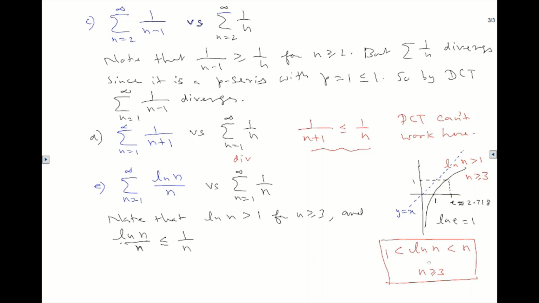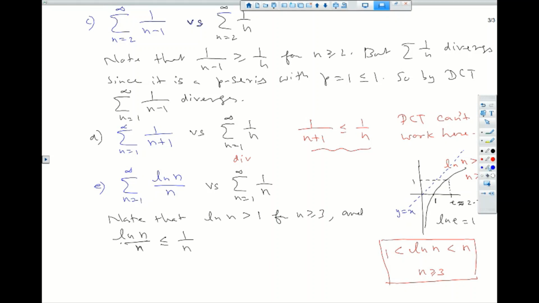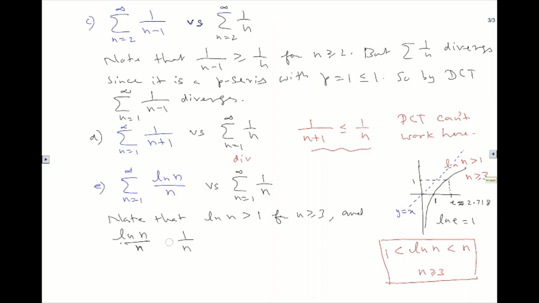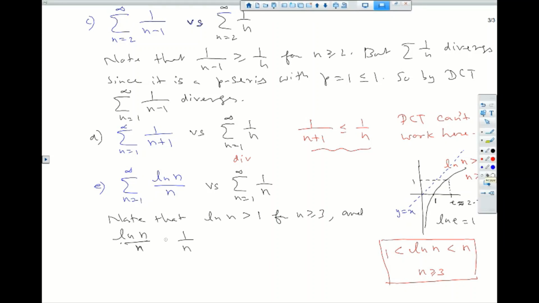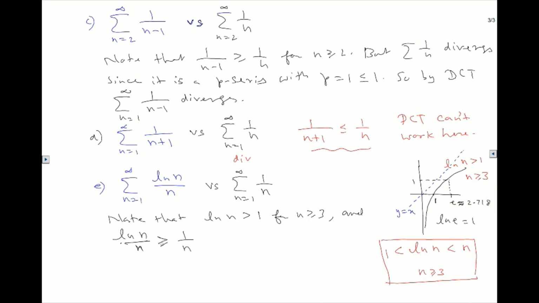So ln n over n is bigger than 1 over n, because when you replace ln n by 1, you see that it's smaller, for n greater than or equal to 3.